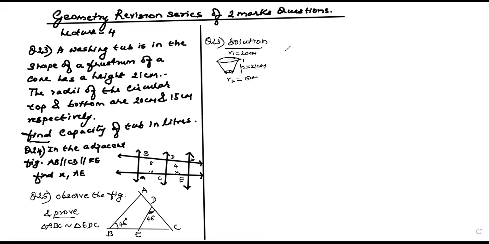So how do we go about it, children? Please have a look here. I'll just say it simply. I'm going to rewrite for the tub in the shape of a frustum.